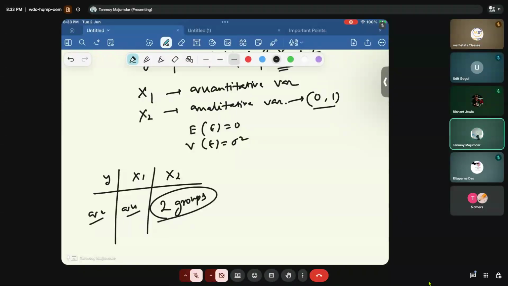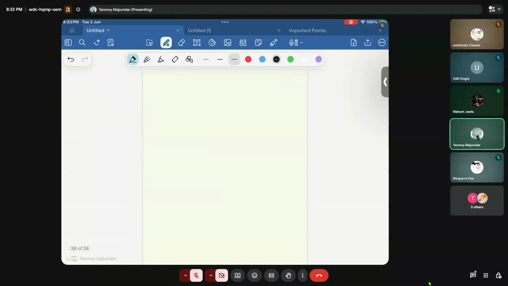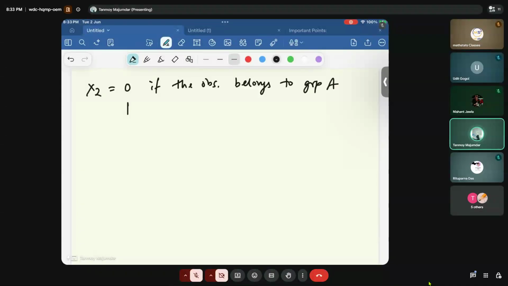So now what we are going to do is we denote x2 equals 0 if the observation belongs to group A, and x2 is 1 if the observation belongs to group B. So we are denoting x2 as 0 or 1.